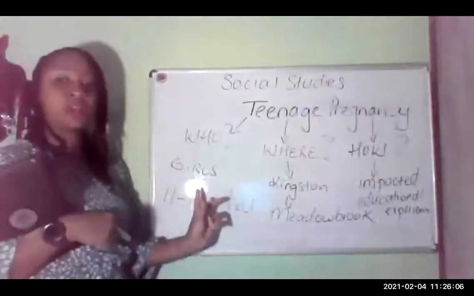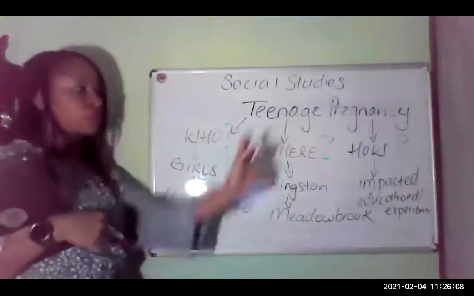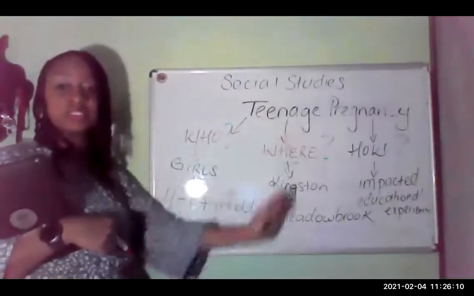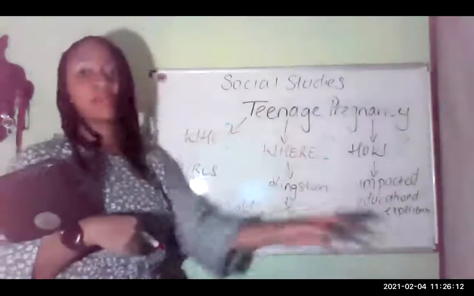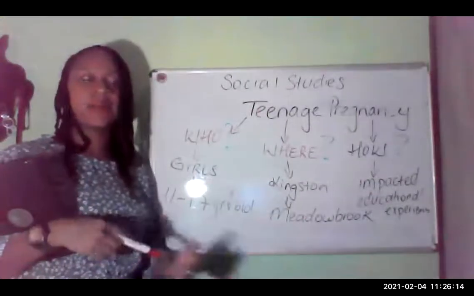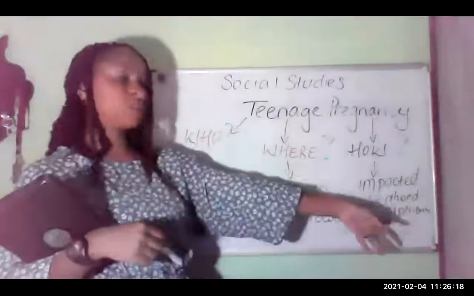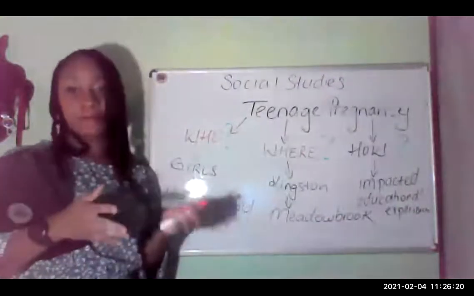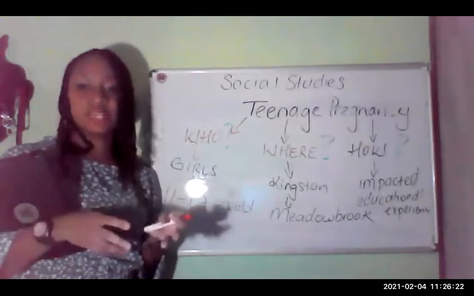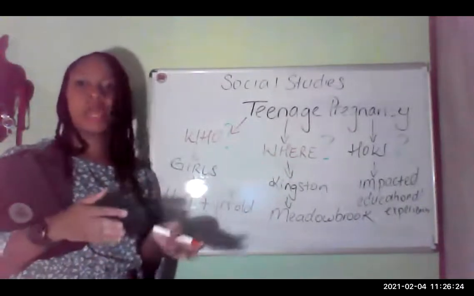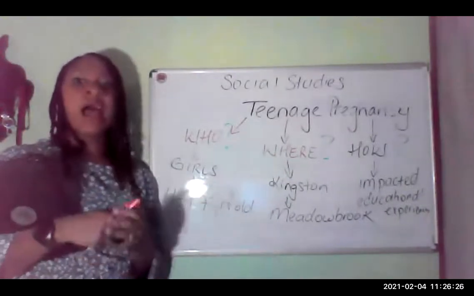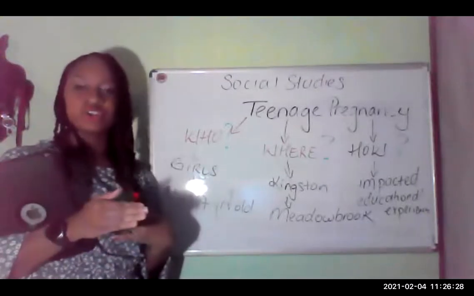So you can look at the girls or the boys. You can look at where, is it at your school? Is it in your community? And how are they impacted? What are you going to look at? Are you going to look at how their educational experiences are impacted? So school is interrupted in what ways? Do you have to withdraw and then you have to enroll in another school?